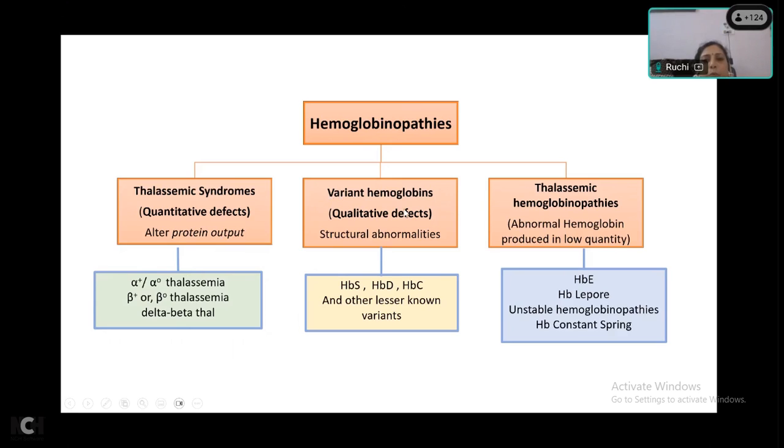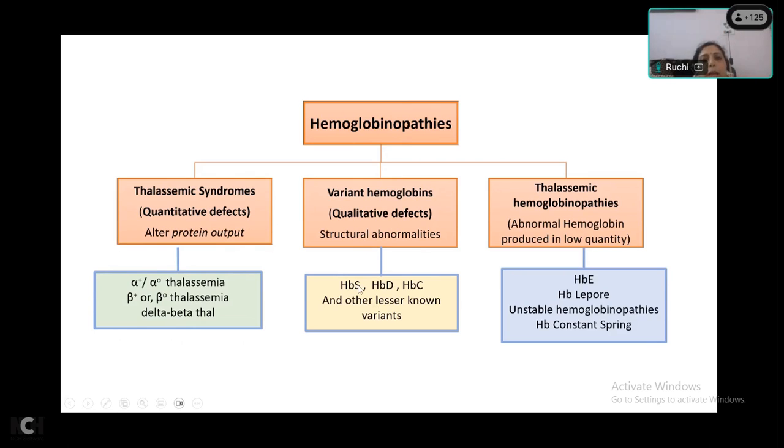Then we have point mutations which result in variant hemoglobinopathies, known as qualitative defects. Here we have examples of sickle, HbD, HbC, and quite a few other lesser known variants. Here an abnormal chain is formed because of the point mutation.